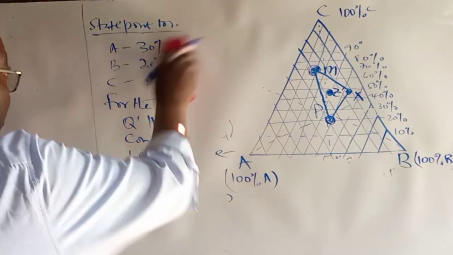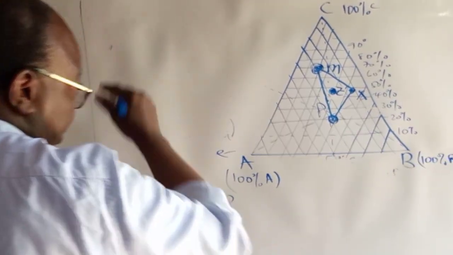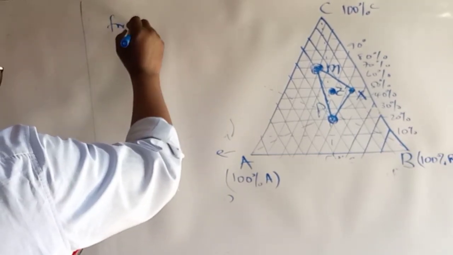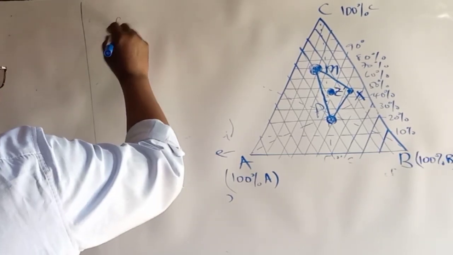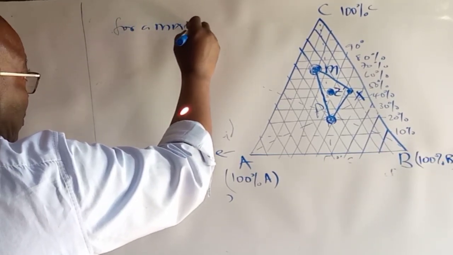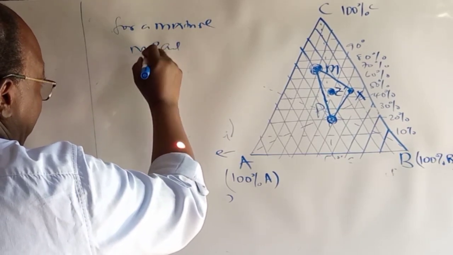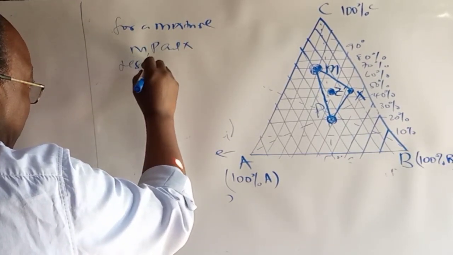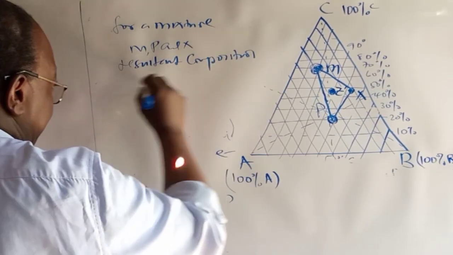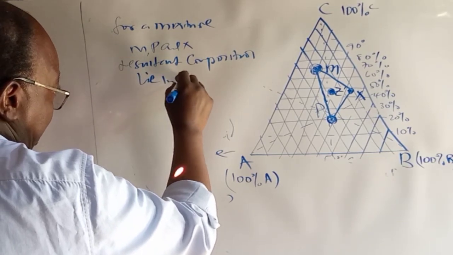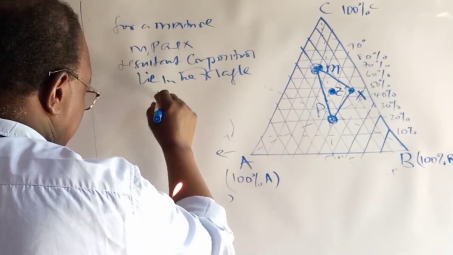Let's write that down somehow. Just note something that for a mixture M, P, and X, the resultant composition must lie in the triangle itself, in the triangle MPX.